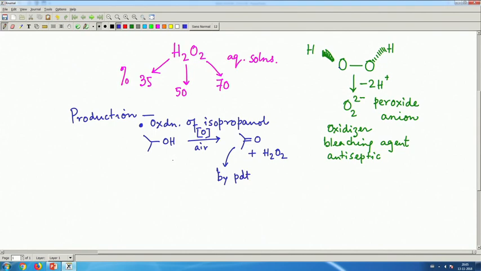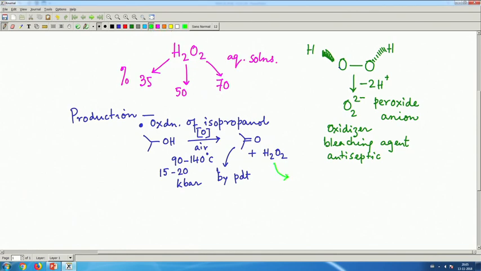This reaction is achieved at a higher temperature of 90 to 140 degrees centigrade, and a higher pressure also, which is 50 to 20 kilobar. And the hydrogen peroxide which is formed can be taken away.